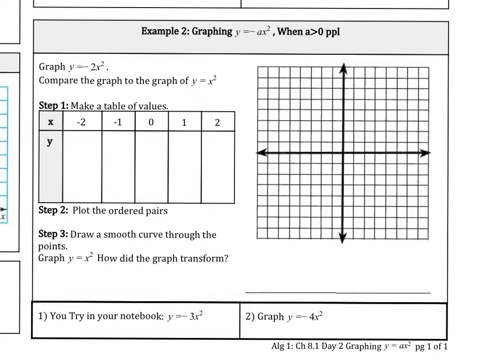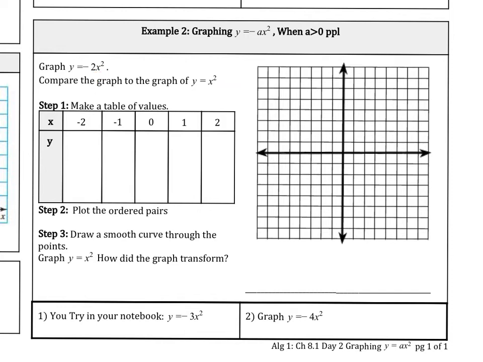First of all, to graph y equals negative 2x squared, we want to make a table of values. We are going to plug these x values one by one into the equation to get the y coordinate.